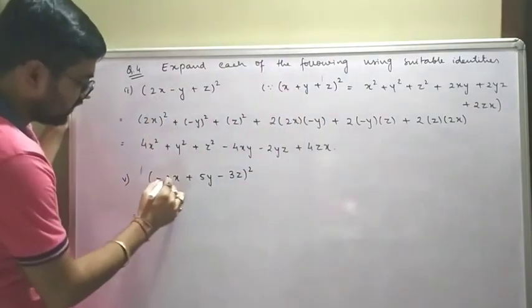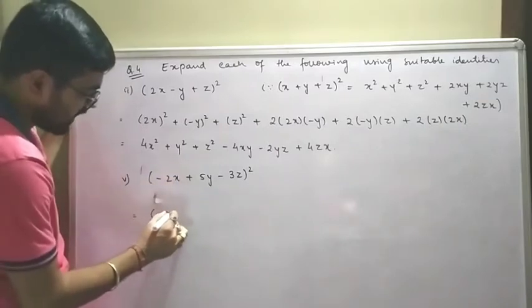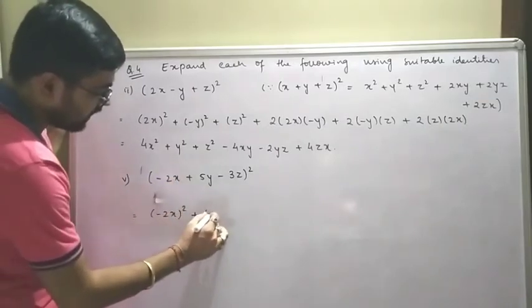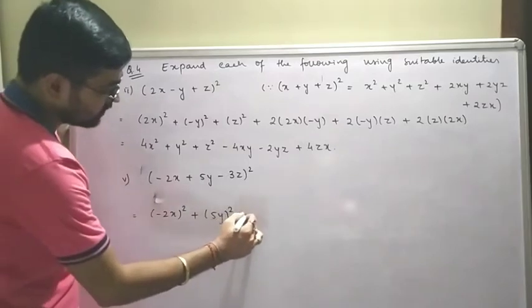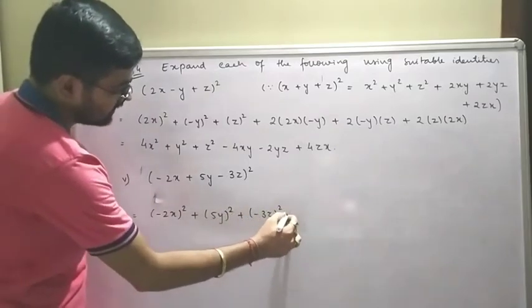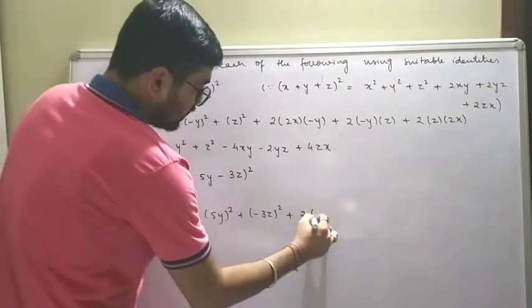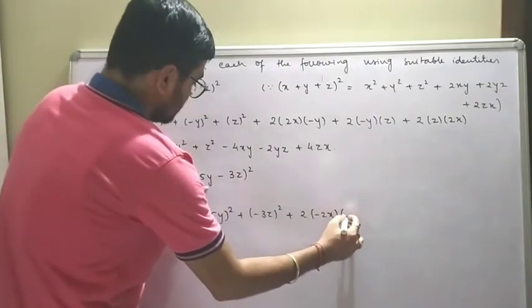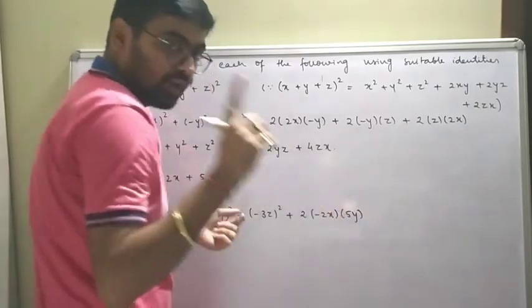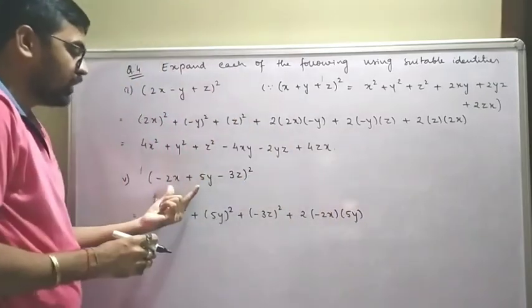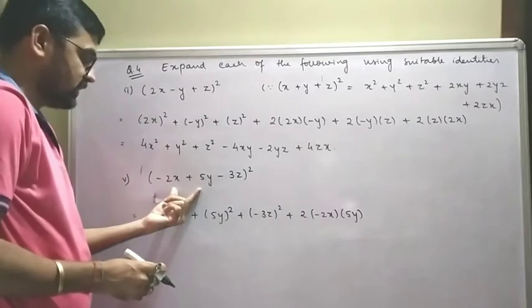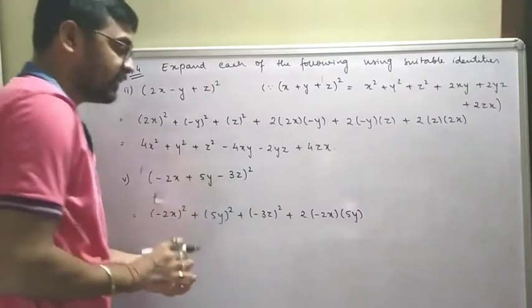So instead of x, here it is minus 2x, so it's whole square, then (5y) whole square plus (-3z) whole square plus 2 times first term, that is minus 2x, second term 5y. If you remember properly, I told you the product of 2 terms at a time. So first this 2, then this 2, and then first and last.